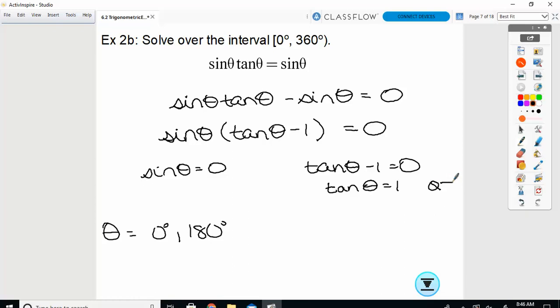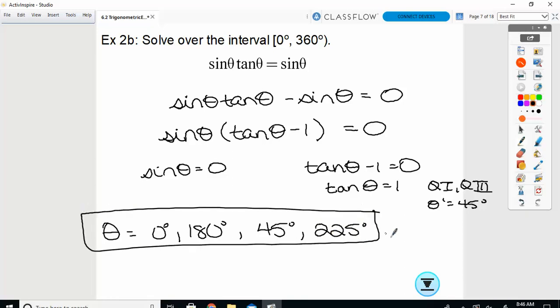In which quadrants is tangent positive? 1 and 3. Reference angle. When does tangent equal 1? 45. Okay, so 45 degrees in quadrant 1 is 45 degrees. In quadrant 3, 180 plus 45 is 225.